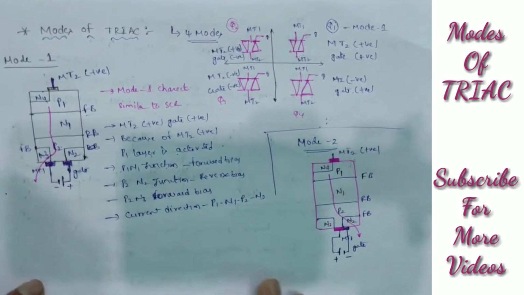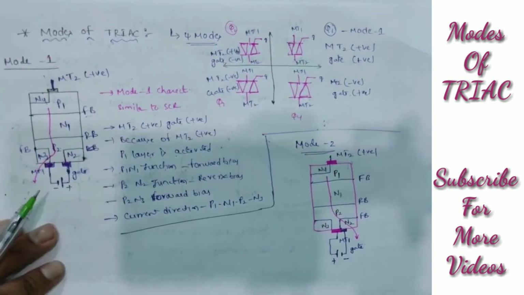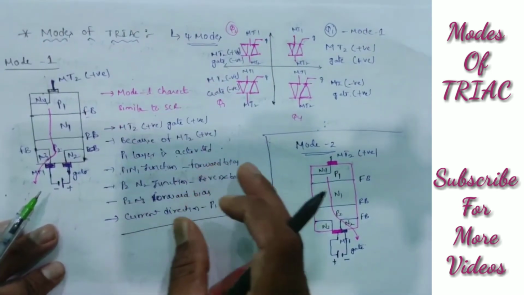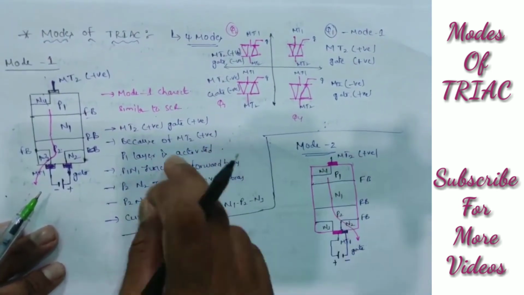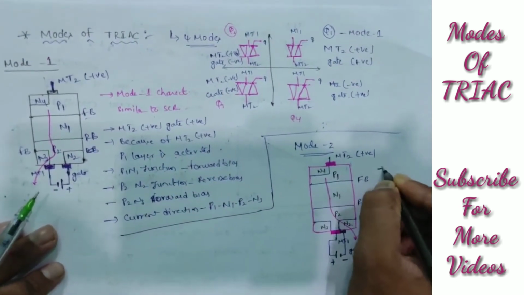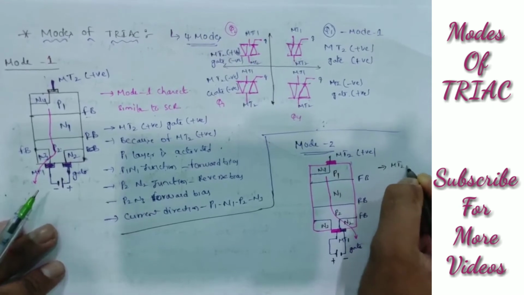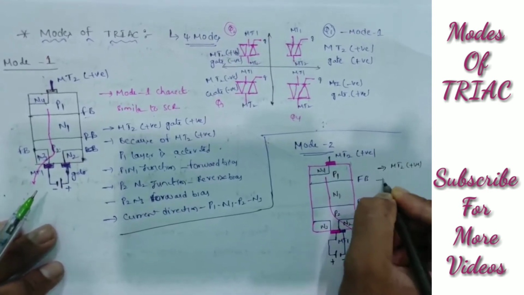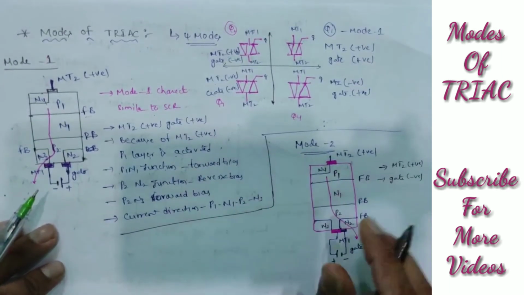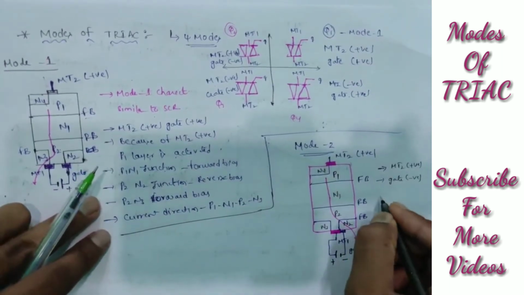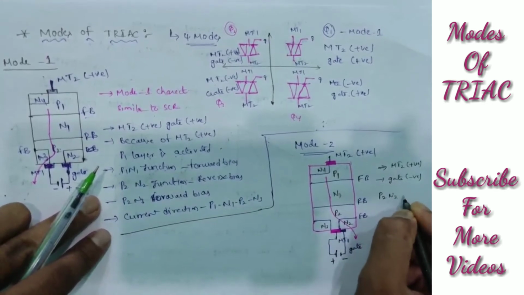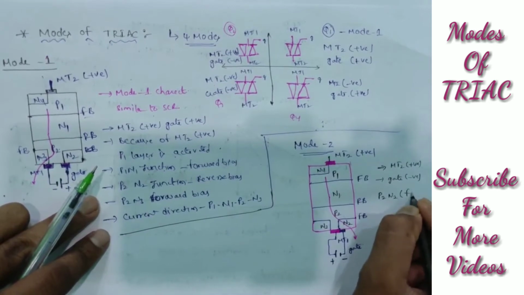So I will write the nodes first. Then, the same as mode 1, the nodes are the same. I will write the different points regarding mode 2. Those are: MT2 is positive, gate is negative, and then P2 N2 junction is forward bias.